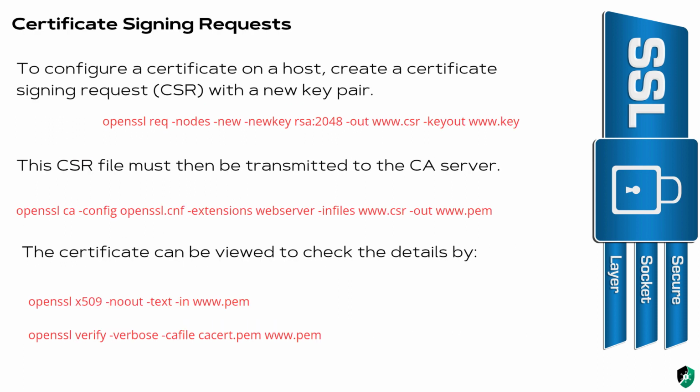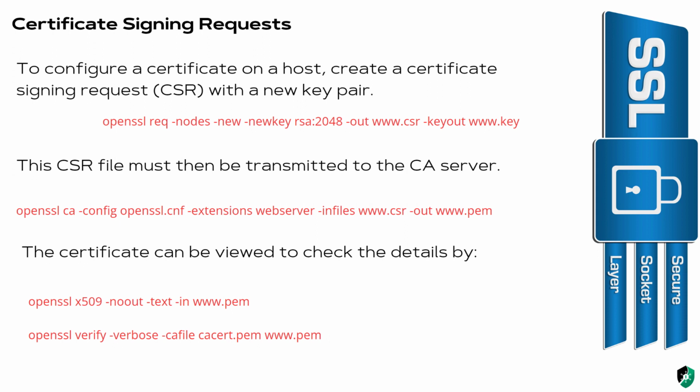Now, to configure the certificate on a host, we need to create a certificate signing request first with the new key pair. And right there, you can see it says OpenSSL req -nodes -new -key RSA2048, and then you have the .csr extension right there telling you that, okay, we're trying to create a certificate signing request.